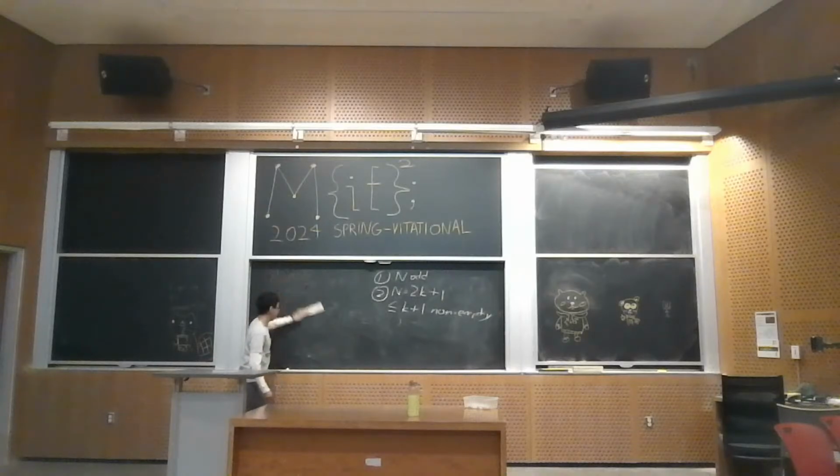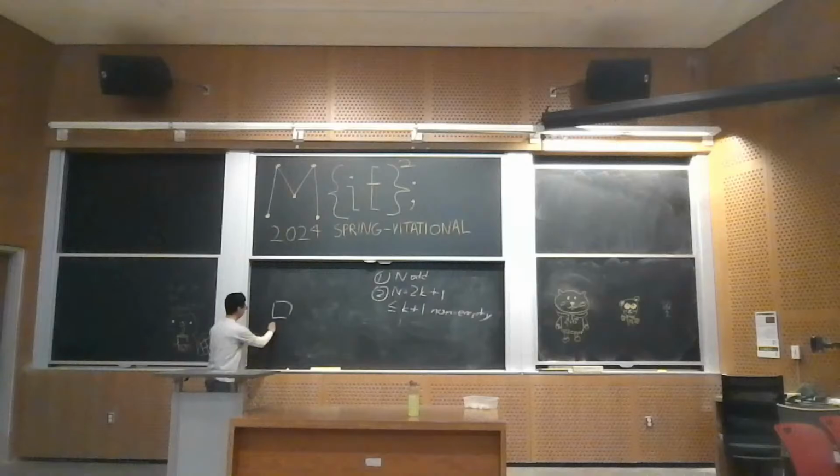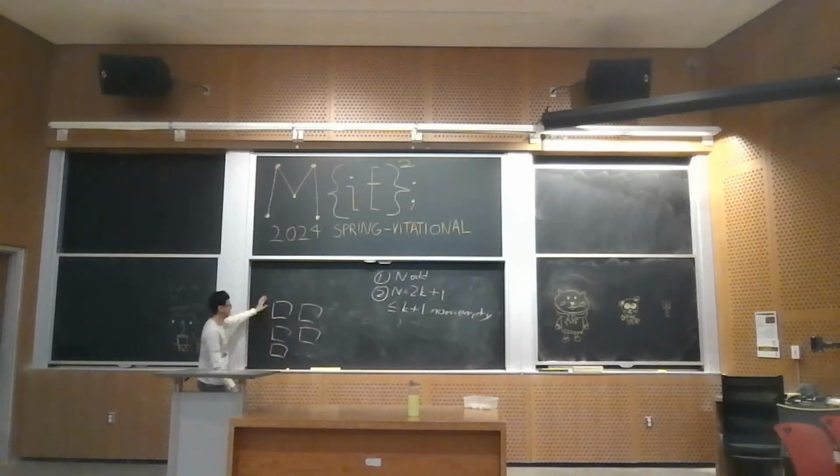So a very brief outline of the proof is that if you can imagine, if we have lots of lanes with lots of targets, for example, if we have 2 lanes with 5 targets, we can just shoot any 2, and we can end up with fewer targets.